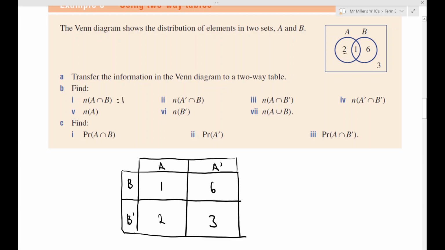If we're talking about the number of not A intersect B, well, that's this region here, that's going to be 6. The number of elements in A intersect not B, so A and not B, that's going to be this region here. It's going to be 2.